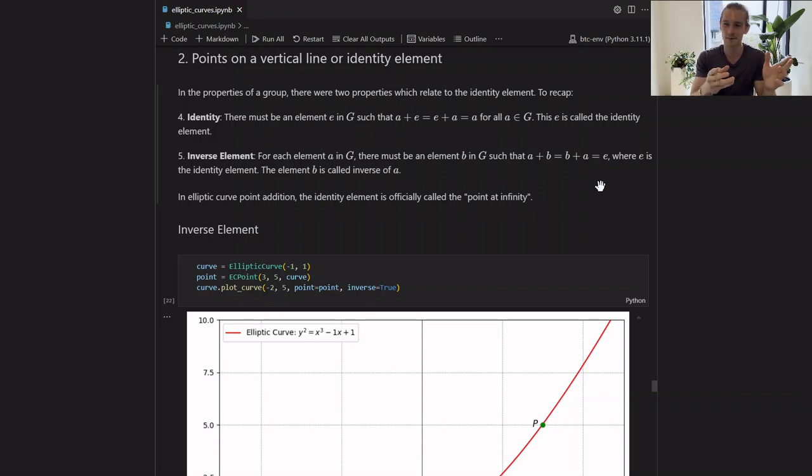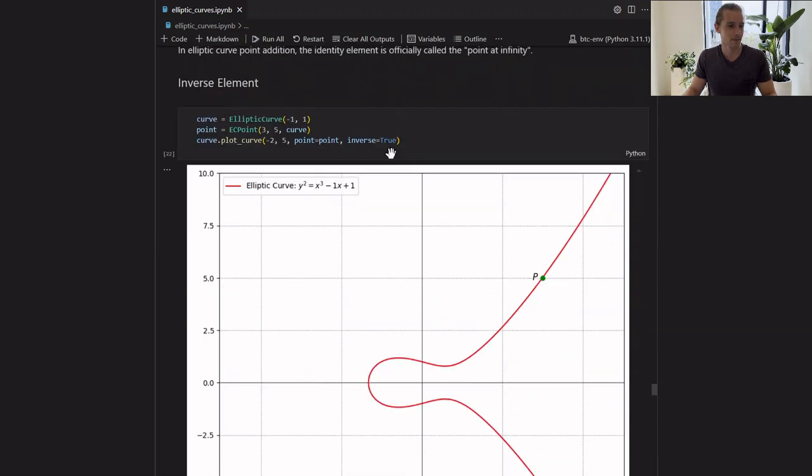Thinking of this element as the point that is nowhere also makes property 4, for me at least, a little bit easier to understand, because if you combine a point on the curve with a point that is nowhere, then nothing changes. So yeah, let's recap quickly the inverse element.